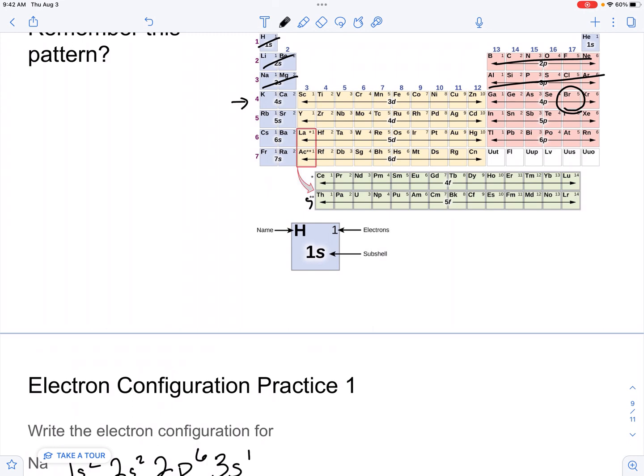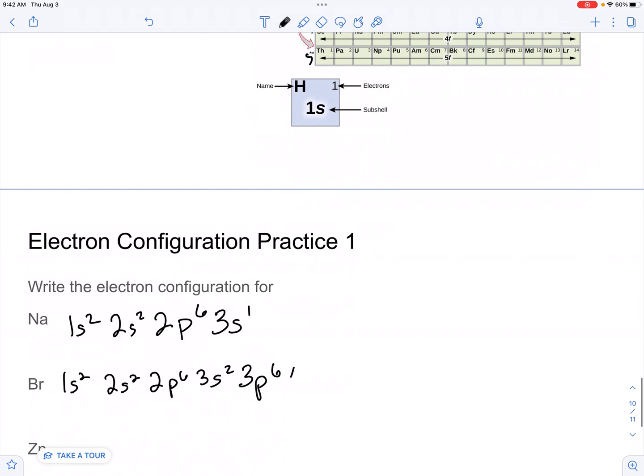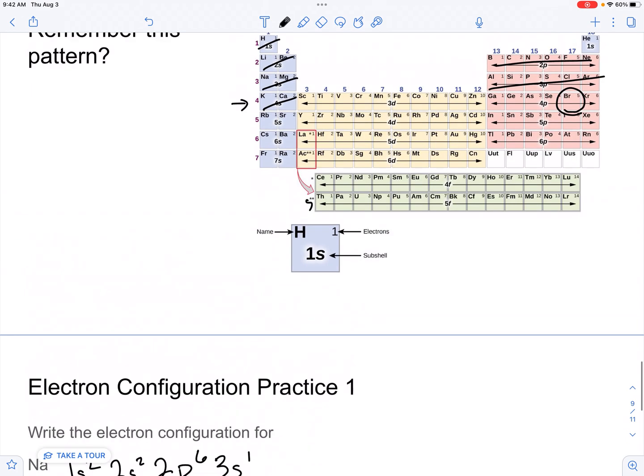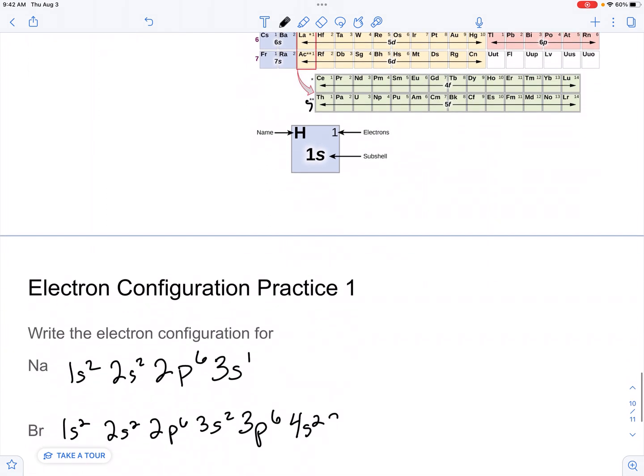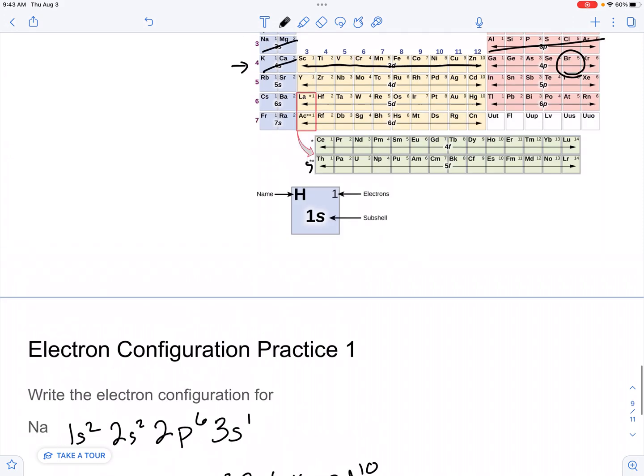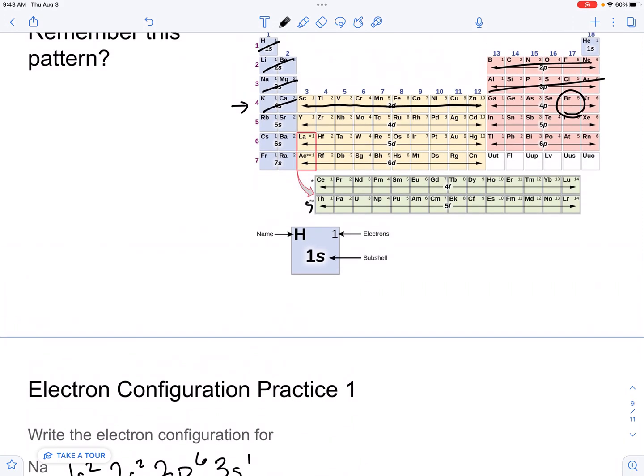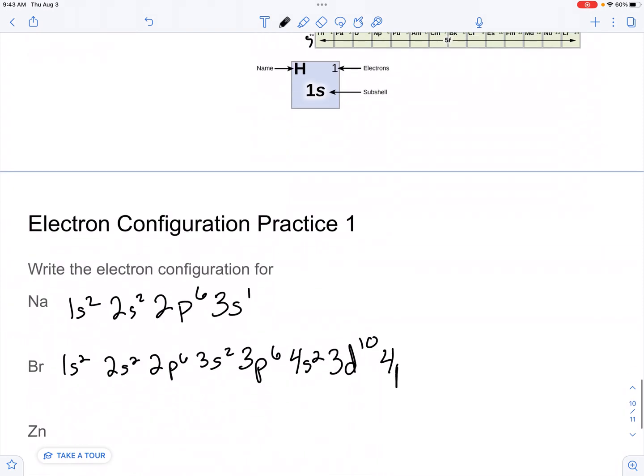Then I go to the 4th row, so I have 4s2. Then I go across the transition metals. Now it's 3d. You notice it's not 4d, it's 3d, and there are 10 of them. And then I stop at bromine, which is 5 electrons in, so 4p5 is my final part of my configuration.